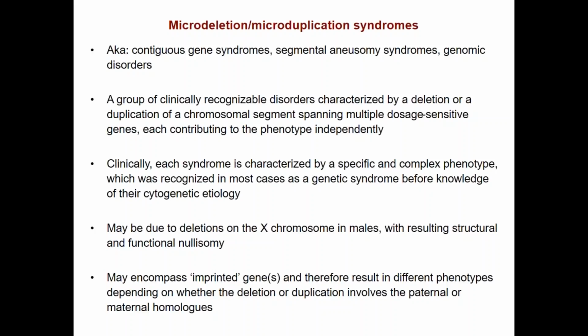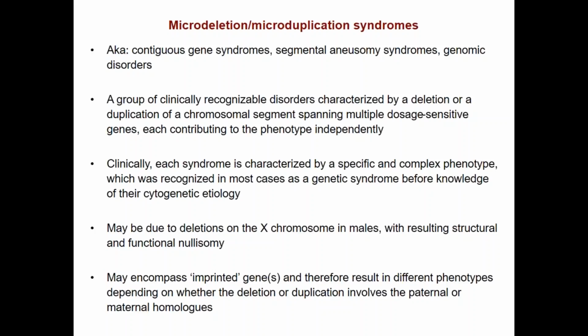So if you have a deletion or a duplication that spans imprinted genes, you will find that its phenotype can be different depending on whether the deletion or duplication is on the paternal or the maternal homologue of the chromosome.